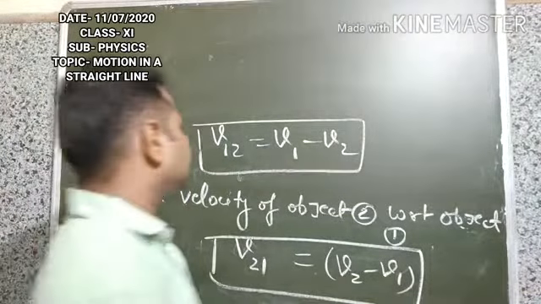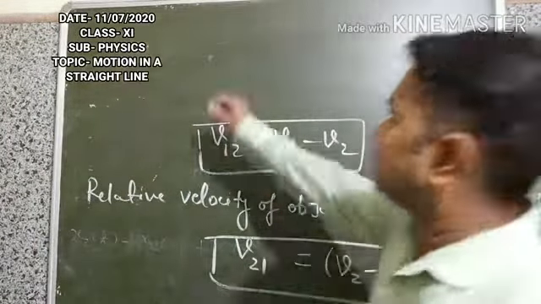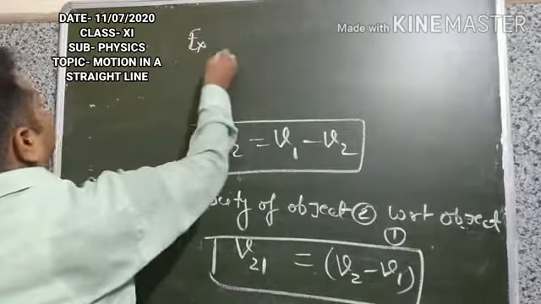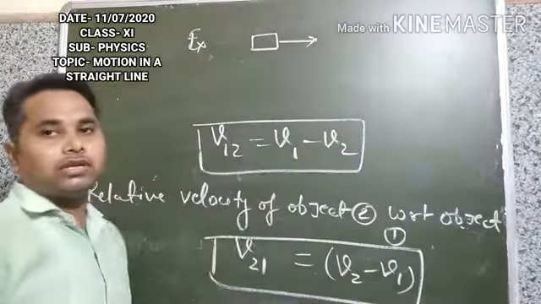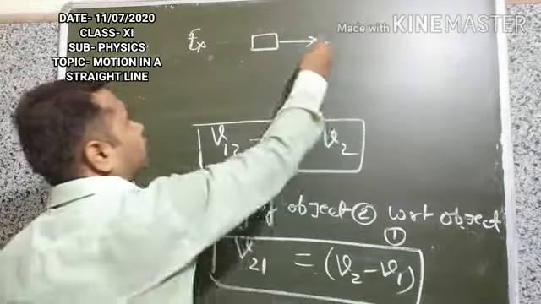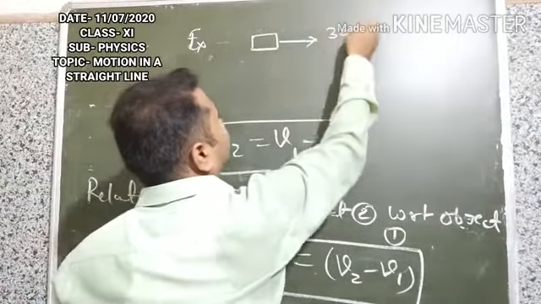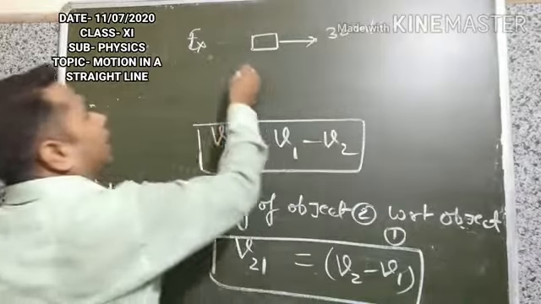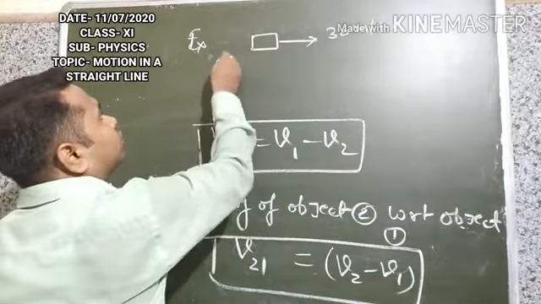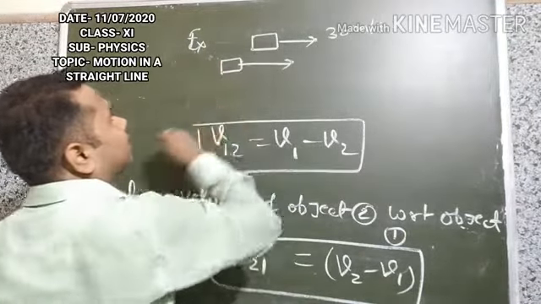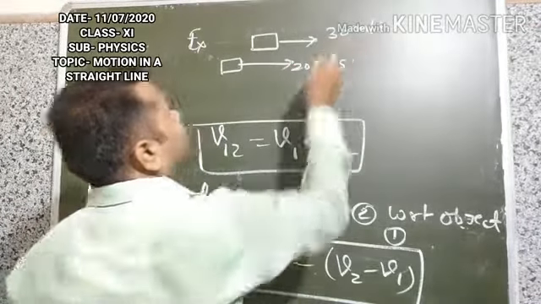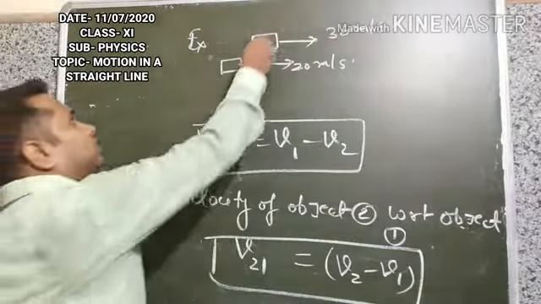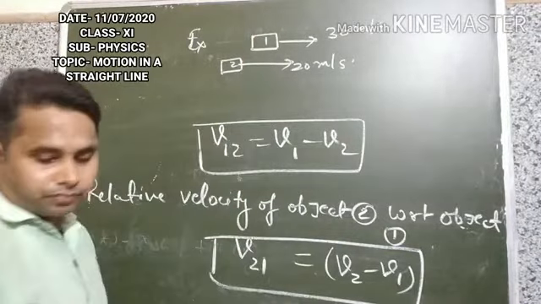See here, let's see the example. Suppose a bus is moving along the positive direction of x-axis with 30 meter per second. Another object is also moving along the same direction with 20 meter per second. Suppose this is 1 and this is 2.